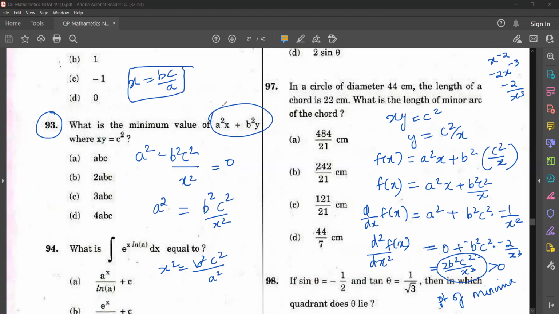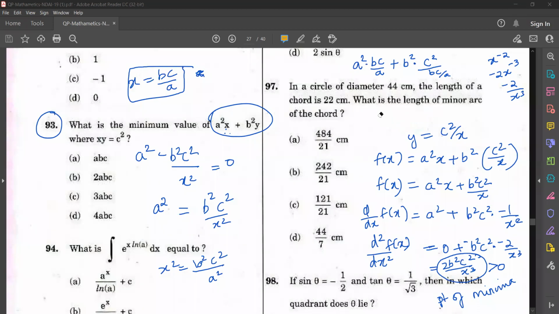Now what you need? You need the minimum value. So substitute for x in this equation. So a square x is bc by a plus b square. What is y? Y is c square by x. So c square by x means bc by a. So what will that result in?